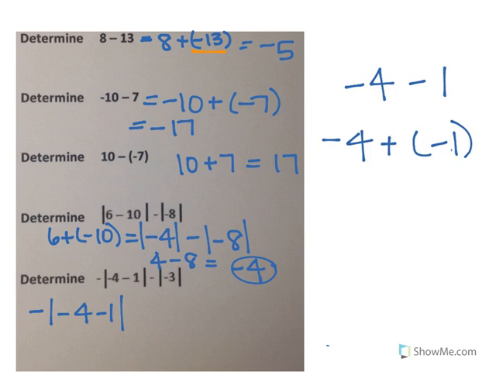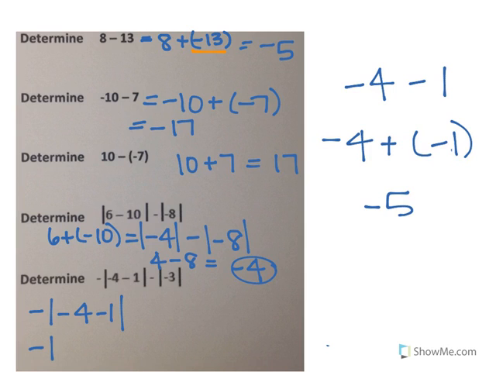When you combine two integers with the same sign, then the sum will be the same sign as both the numbers in the problem. So in this case, negative 4 plus negative 1 is going to be negative 5.